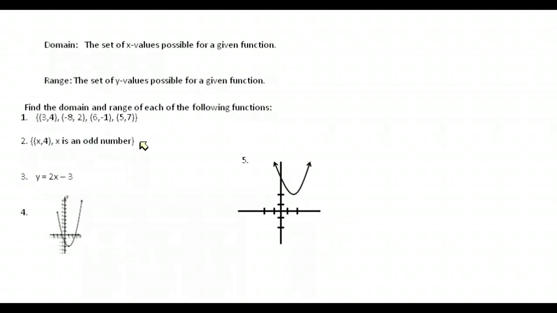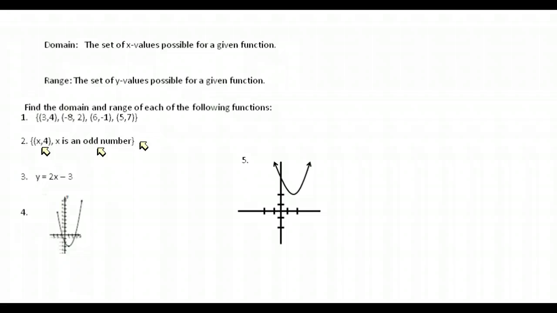Here we go. Next. This is a description of our function. So this function is going to be y equals 4, okay, and where x is an odd number. Okay. This is a function because our x will not be repeated, okay, right? We're going to have a different x every time. It just has to be an odd number. So it is a function.